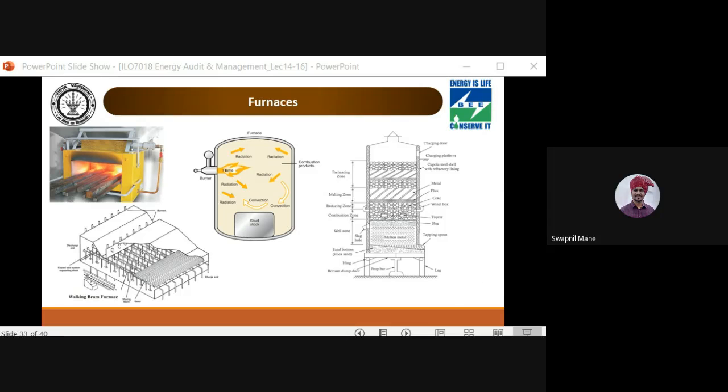It is heated from the bottom, and wind is blown in over here. Because the metal gets melted, it resides at the lower portion of the furnace, while the coke floats on top of it because it is lighter than metal.